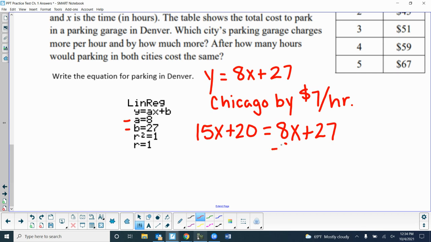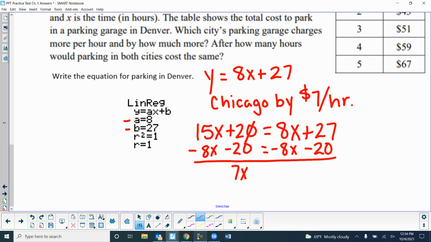So I'm going to subtract 8x from the right side over to the left. I'm also going to take the 20 from the left over to the right. This works out pretty nice. 7x on the left and 7. So what's x equal? 1. So after 1 hour, they'll be the same price.